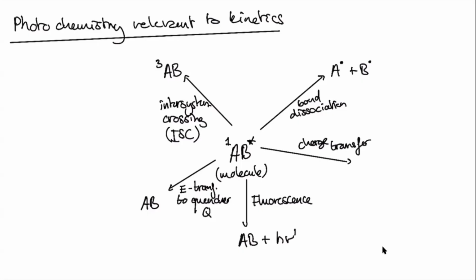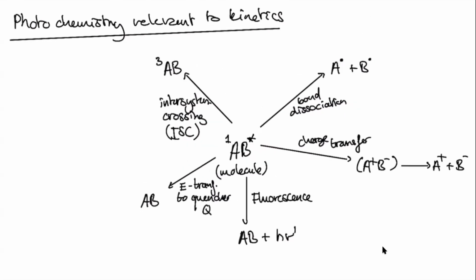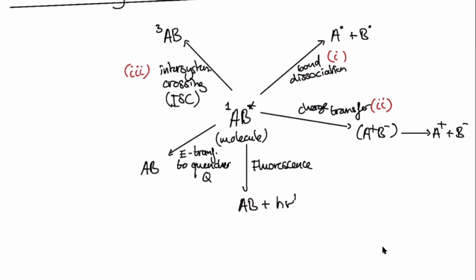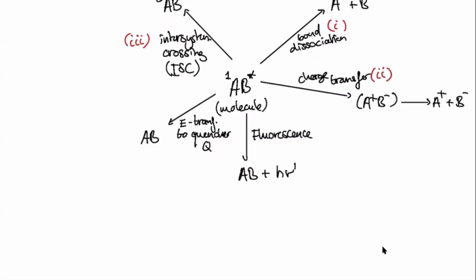So that leads to a complex A plus B minus that, depending on the solvent, can then dissociate into A plus and B minus. Okay, so let's give it some numbers. So we'll look first at bond dissociation, then at charge transfer, and then at intersystem crossing. Fluorescence we've already seen, so let's look at some chemical examples.